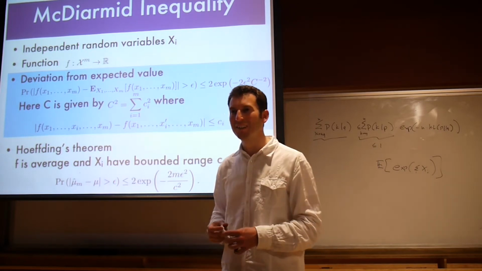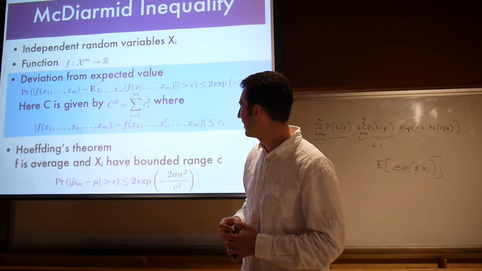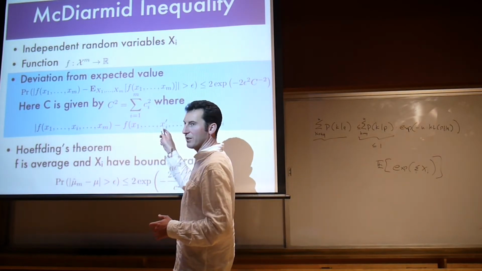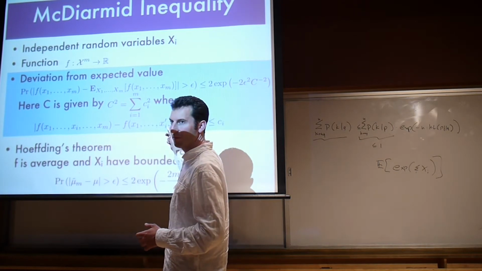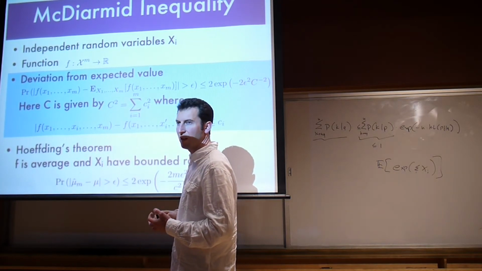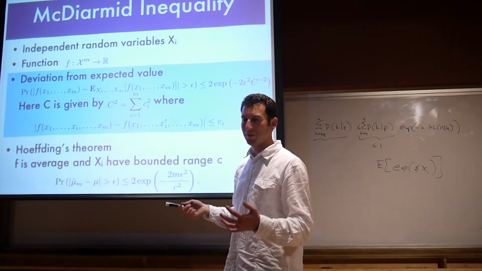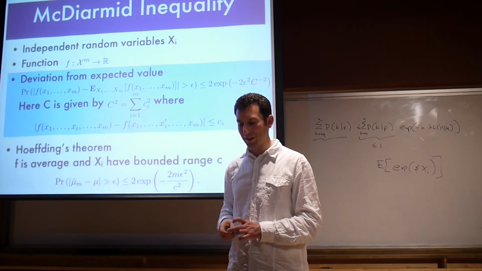Yes? For the xi prime, you mean for any xi prime? No, it's just the xi prime that was changed. I swapped a single instance, everything else remains the same. Yeah, but that seems to be anything basically. It could be anything from the domain from which the x's are drawn. And you're absolutely right, this could be a problem.